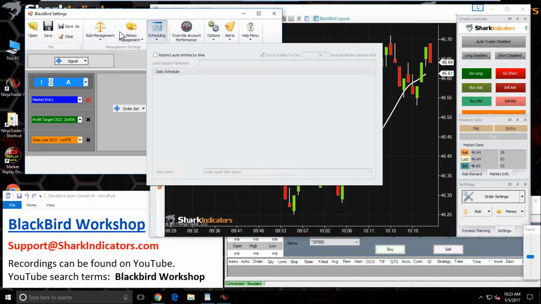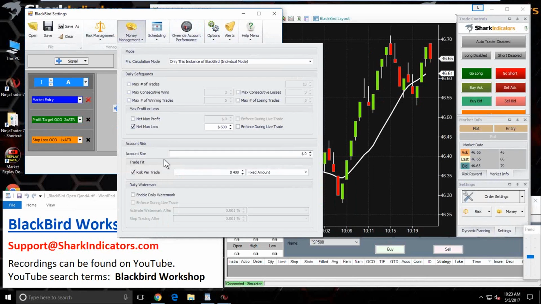As a discretionary trader, you're sitting right in front of NinjaTrader, pulling the trigger yourself. Actually, I should say that net max loss will not apply.